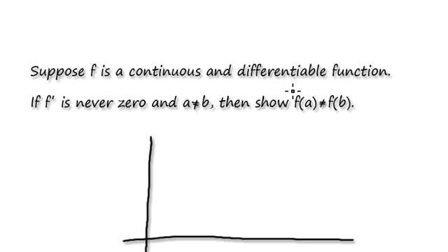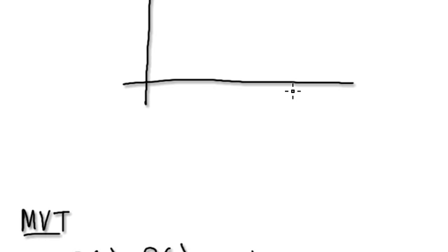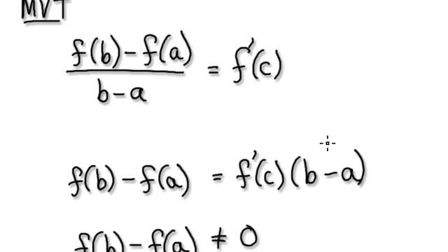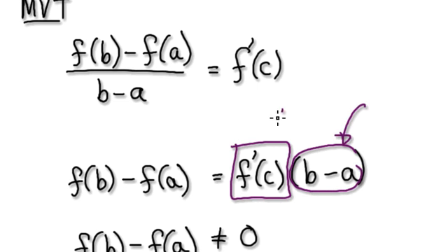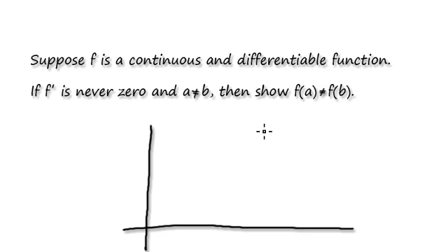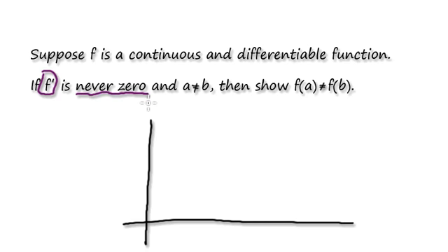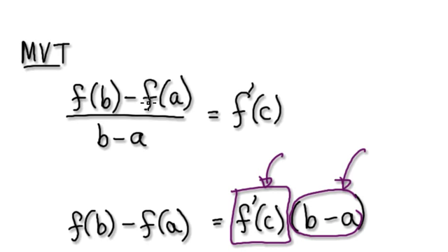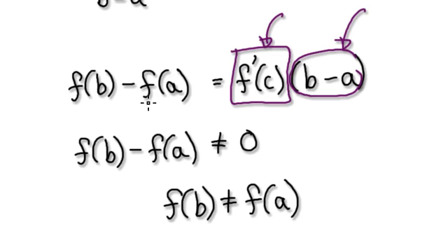The point I'm trying to make is that this can never be equal to zero, because up here it's saying if f prime is never zero, it's never zero. So this thing here can never be zero.